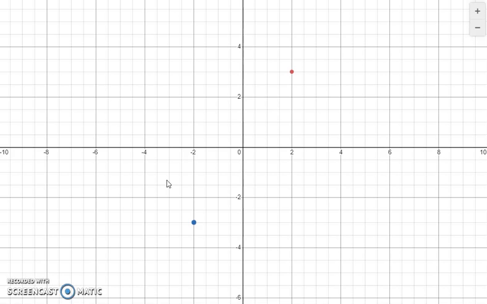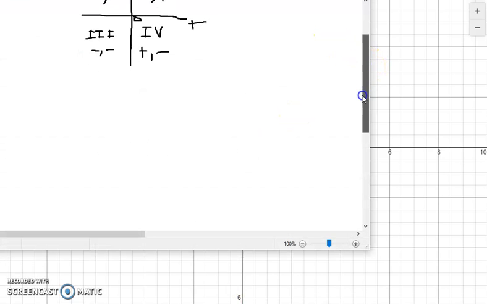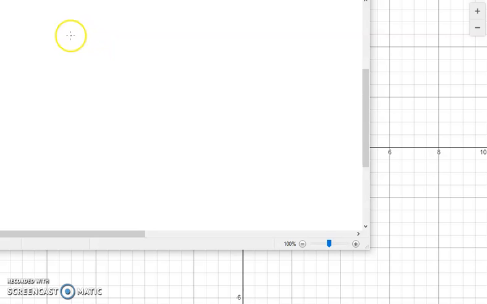So now I have to introduce to you the concept of slope. Now slope is a measure of how steep a line is, and basically how the y variable changes with how the x variable changes.